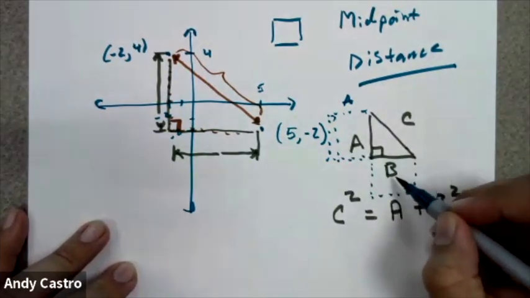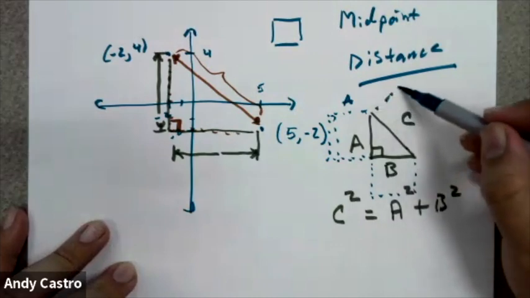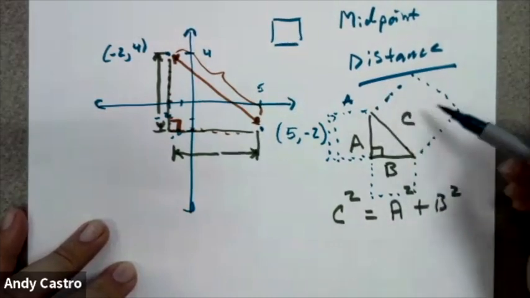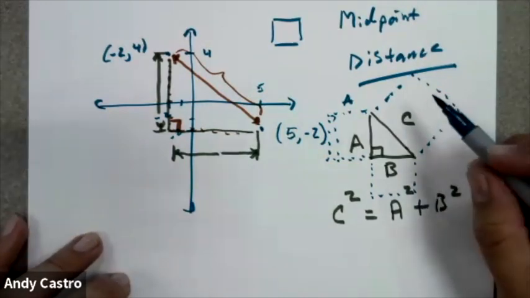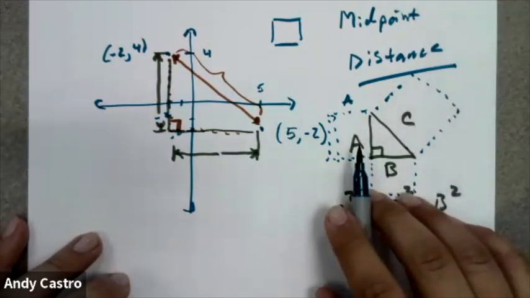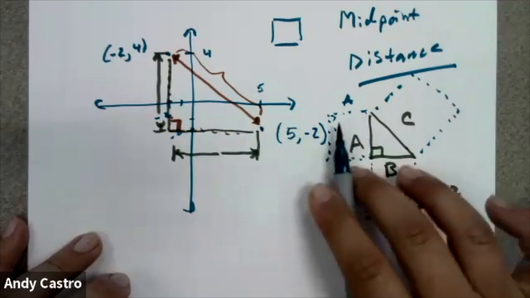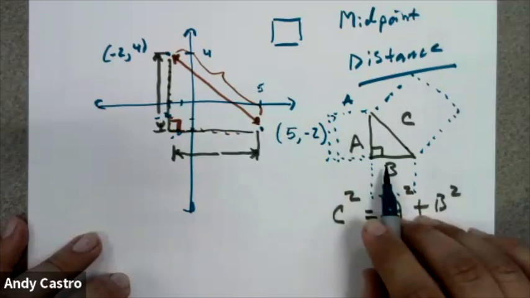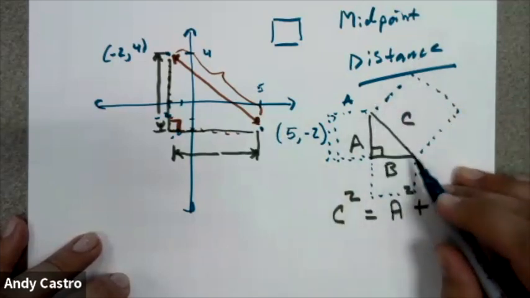This area here would be B squared. And then this area here, the hypotenuse, would be C squared. And so what was discovered a long time ago is that the area of this square and the area of this square, those two added together equals the area of this square.